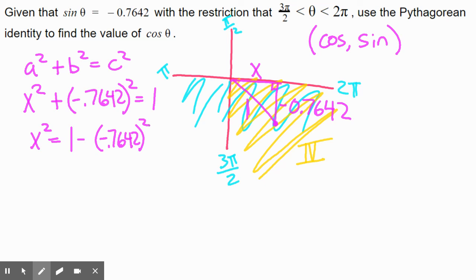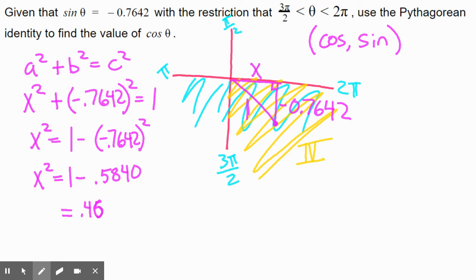So x squared equals 1 minus 0.7642 squared. 1 minus 0.5840, so that's going to be 0.4153.